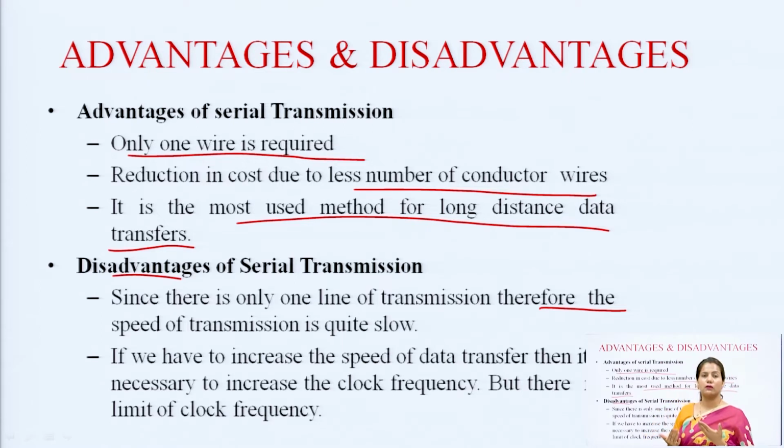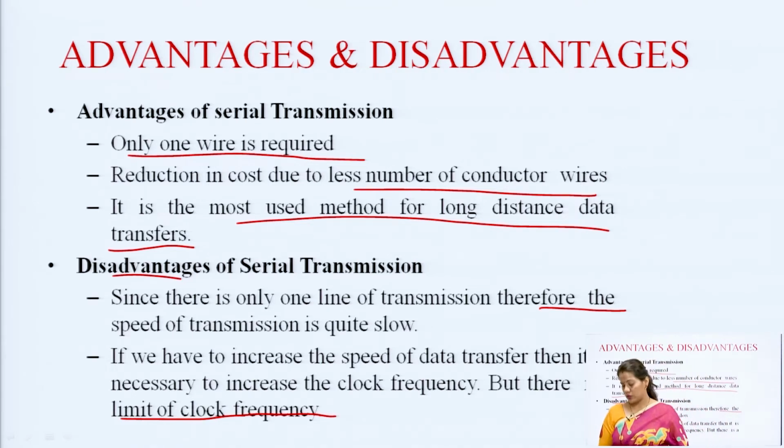We can increase the frequency, but increasing the frequency is not a good solution. There should be a limit to the frequency in every type of communication. So, that factor comes into the picture, there is a limit to clock frequency. These were the certain advantages and disadvantages of serial communication.